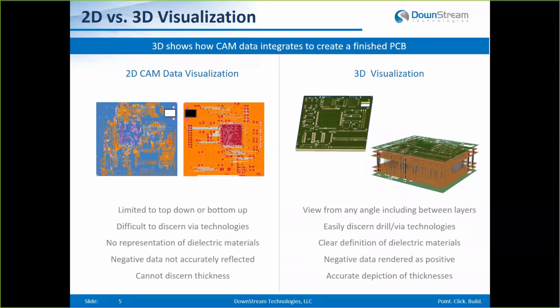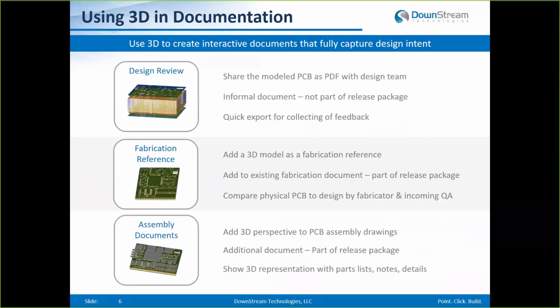So where you can use this, of course, is in your design reviews, just being able to look at the board in a much more intelligent format. You can use it as a reference in your fab shop. As an aside, I'm an old fabricator.